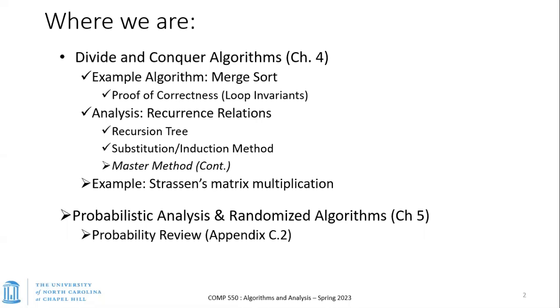be continuing. And hopefully, we'll also take a look at another example besides merge sort of a divide and conquer algorithm, and that is called Strassen's matrix multiplication. It uses divide and conquer on matrix multiplication.